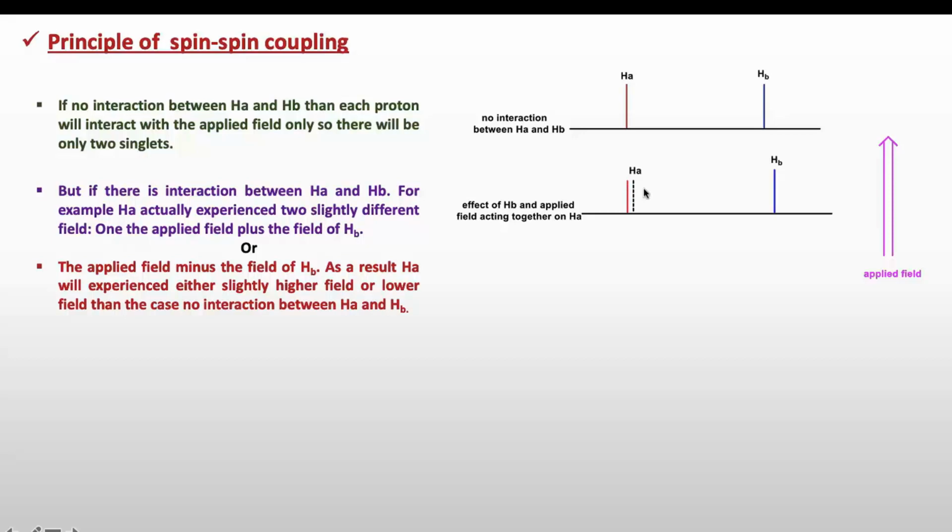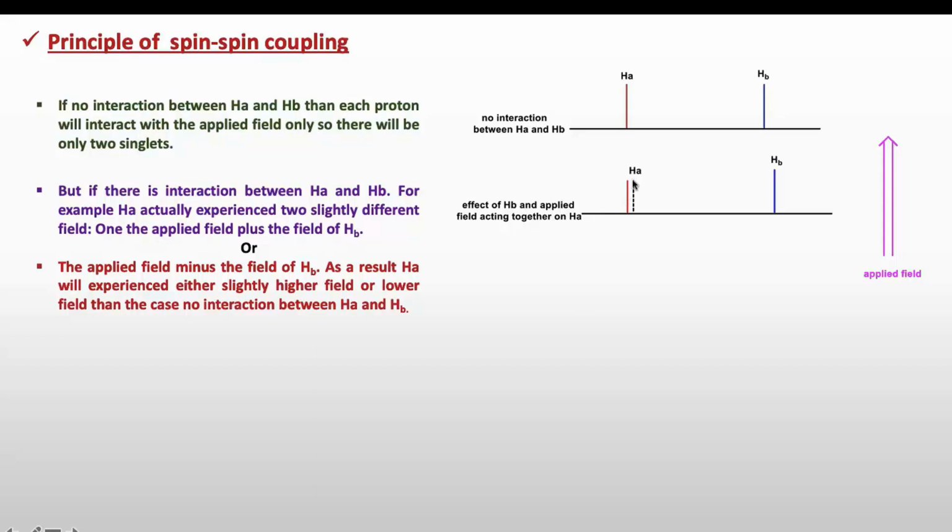Ha will experience more field because the field of Hb is added to the applied magnetic field. So the gap between the two energy states of Ha will slightly increase, and that will slightly move the peak of Ha downfield.